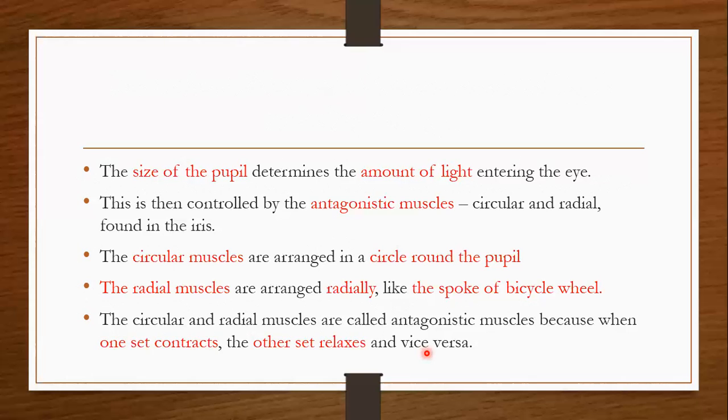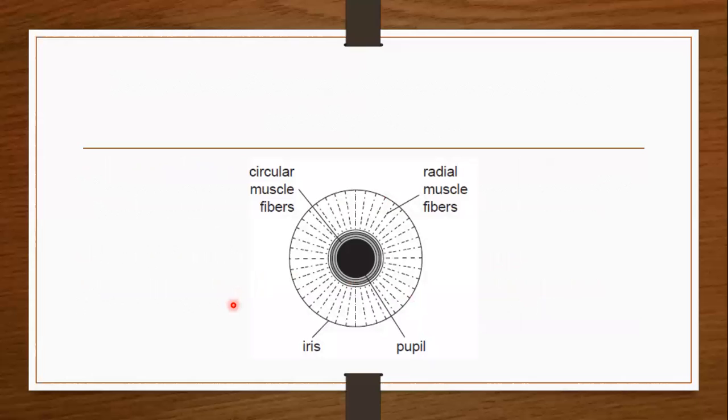Let me show you the diagram. So you can see the circular muscles, arranged in circles, and the radial muscles, arranged radially like the spokes of a bicycle wheel.